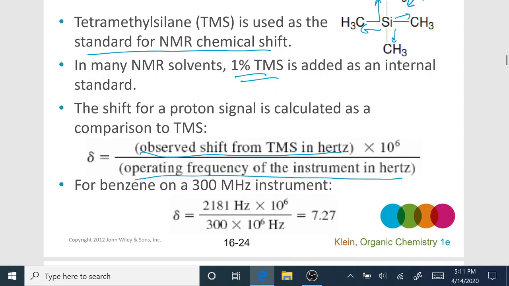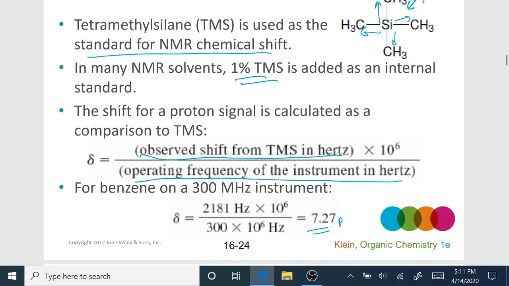So the observed shift times 10 to the 6 over the operating frequency is going to give us our signal in a unit called parts per million, which really doesn't have anything to do with concentration. What it has to do with is this 10 to the 6 right here, because it's 10 to the 6, it's to the million, so that's why it's called parts per million.